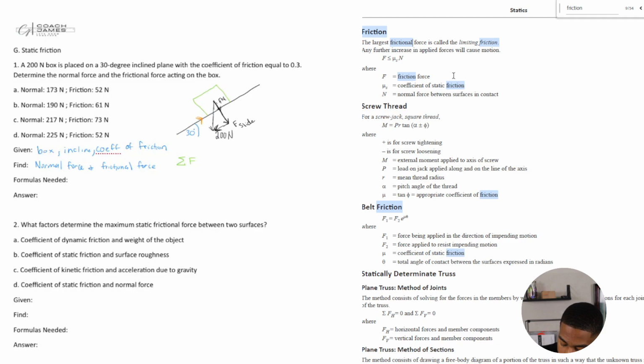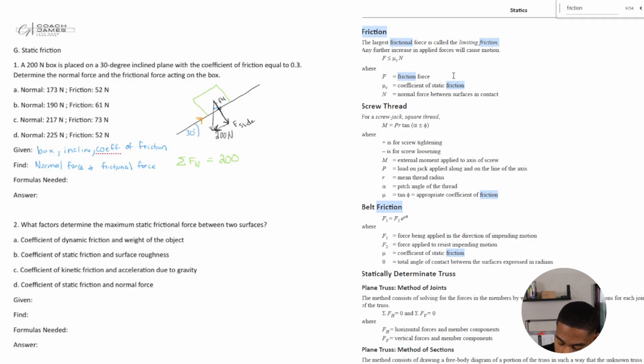So I know that the normal force is going to equal 200, and you're going to look at the angle here.